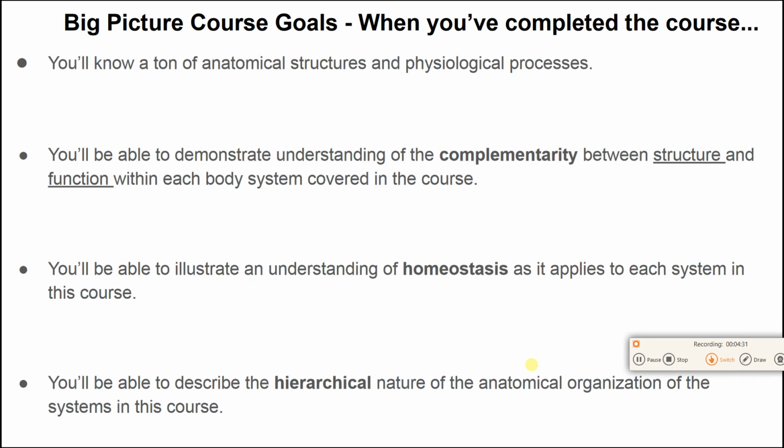Some big picture goals when we're done with this semester. When you're done with this course, you walk out of here with your A or your B, hopefully. You will know a lot of anatomical structures and physiological processes. You will know a bunch of stuff. This is a high volume course.